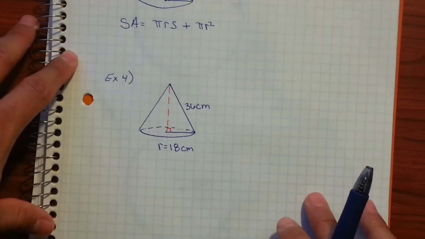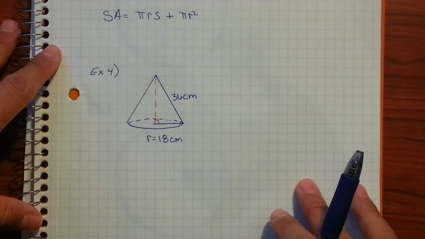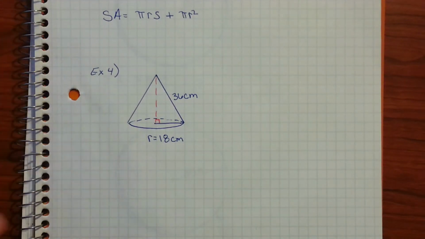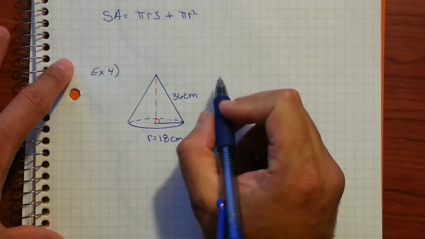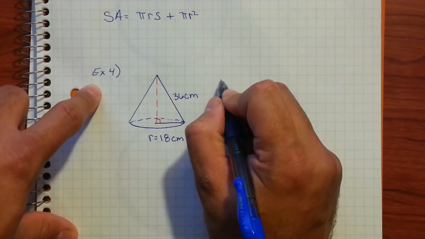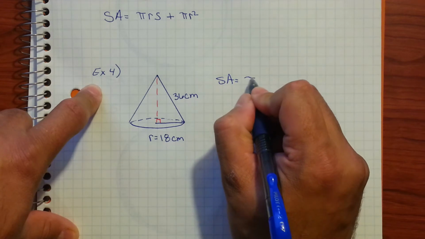Now, using that formula, let's go through and take a look at this next problem here. So I'm going to keep the formula right here. We have, let me see, my surface area is equal to pi.